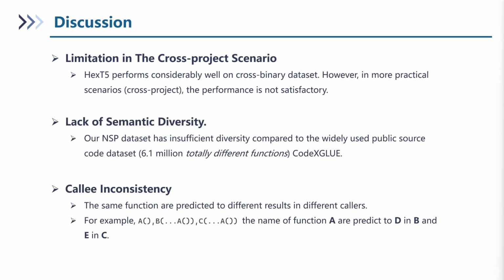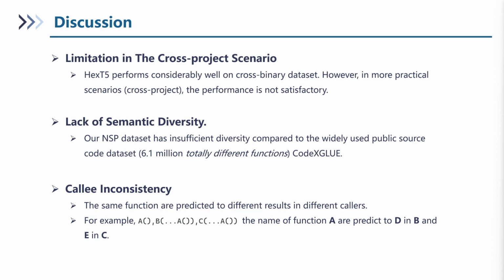We also want to analyze the limitations of our method in the hope of providing insight for subsequent studies. The first is the limitation in the cross-project scenario. As we mentioned in the evaluation, all methods, including our HexT5, have unsatisfactory performance in practical scenarios. And the lack of semantic diversity is also a problem that needs to be overcome.